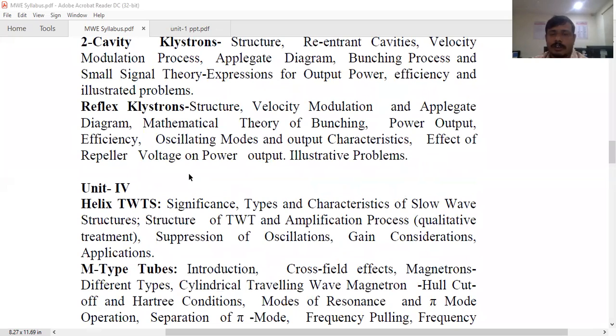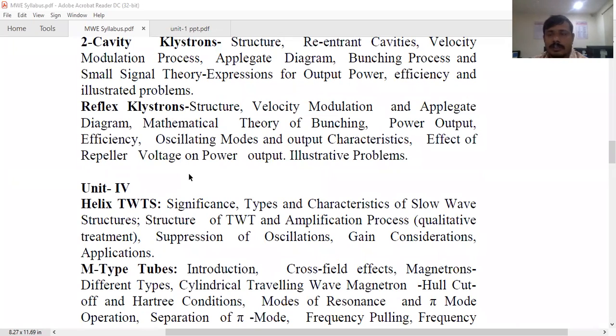There we can see what velocity modulation is, how the velocity of the electron is varied depending upon our input voltage, and what is meant by the bunching process. Then the Applegate diagram shows how the electrons vary according to our input signal and how they form a bunch. Then we need to find the output power and the efficiency of the reflex Klystron and the two cavity Klystron.